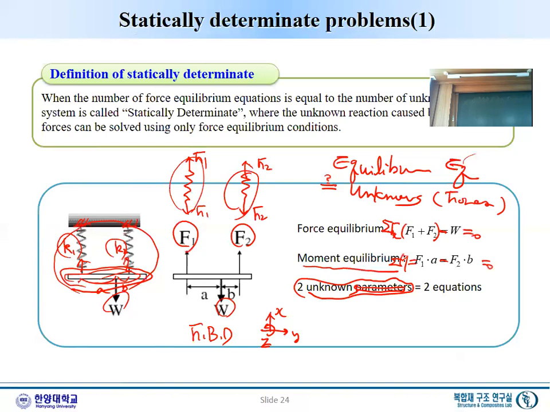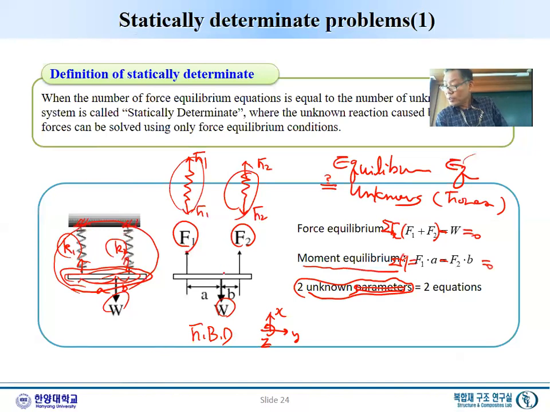In other words, when we consider moment equilibrium, we can pick this point and see the moment equals 0. Well, we can pick this point as we consider moment equals 0. So you can choose any point, actually. If this point does not move, then will this point move, rotate? No. So any point can be picked and consider moment equilibrium. That means the other point would not rotate either.